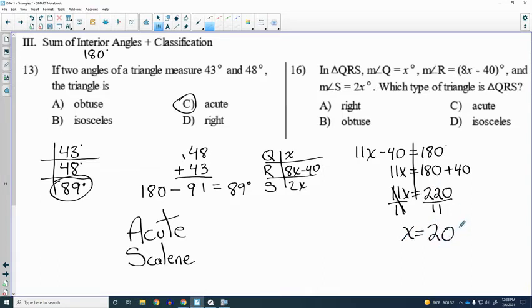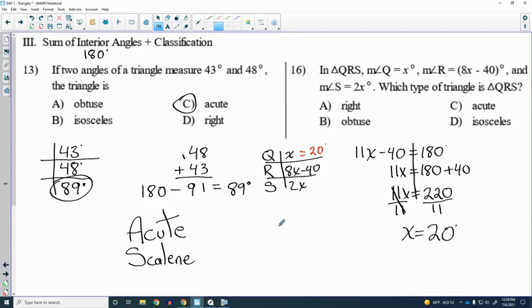Well, once I have my X equal to 20, it's pretty simple to come back to my table and substitute to figure out what each angle is. Well, Q, quite simply, is going to be 20 degrees. Now, my R is a little bit more complicated. I'm going to do it down here on the bottom.